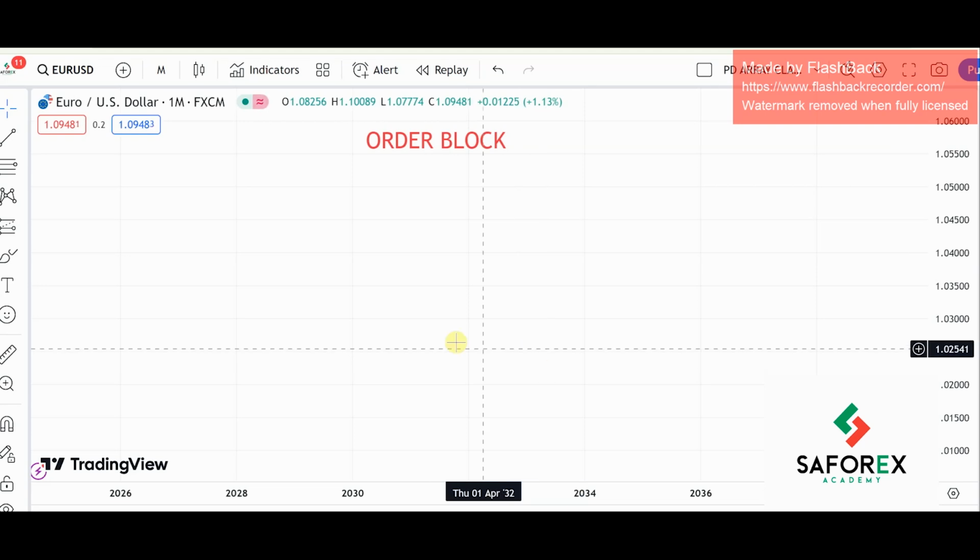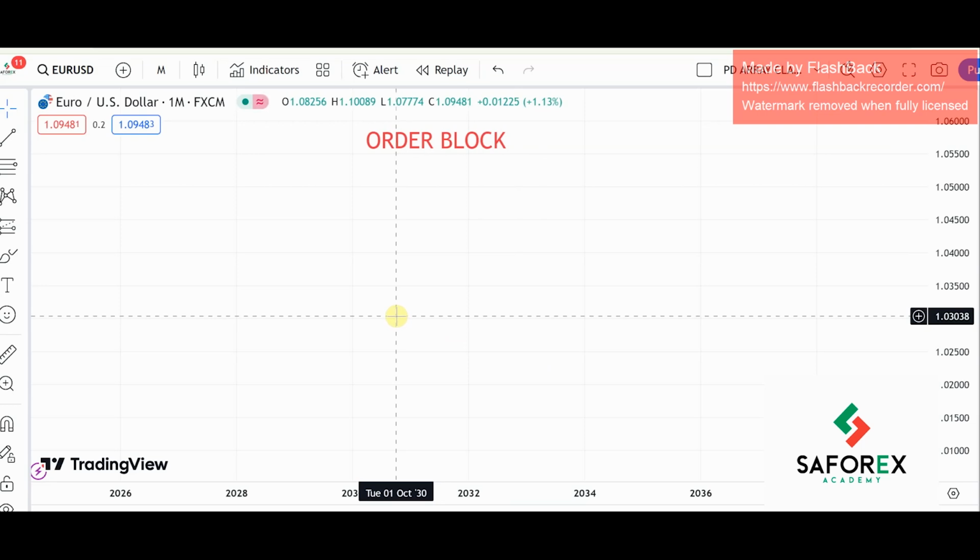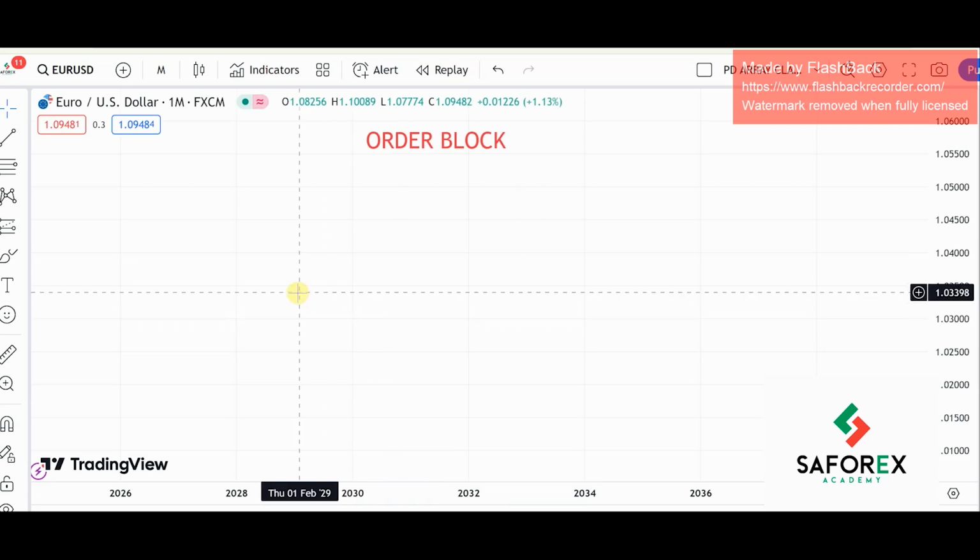Okay. So we have what's called the bearish order block and the bullish order block. There are two types of order block. Bearish order block, you know what bearish direction is, right? A bearish market is coming down.